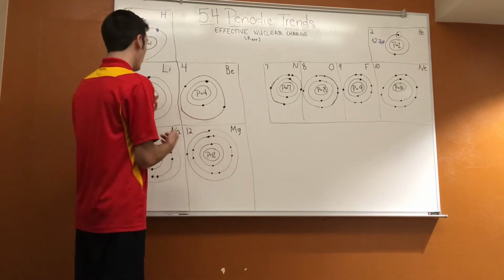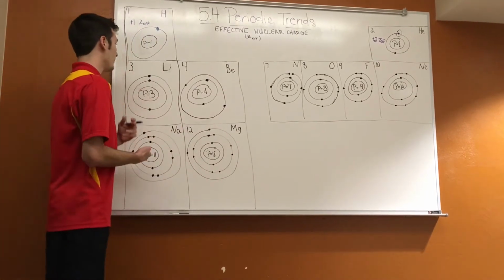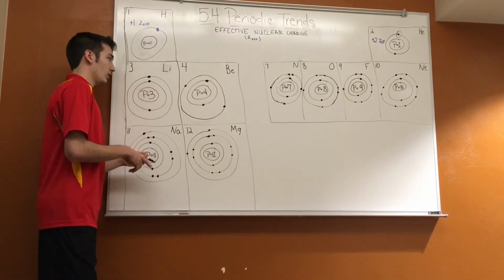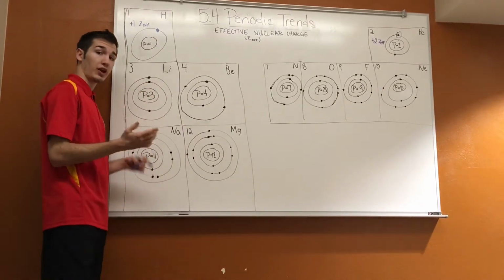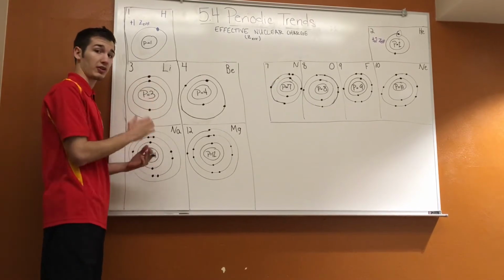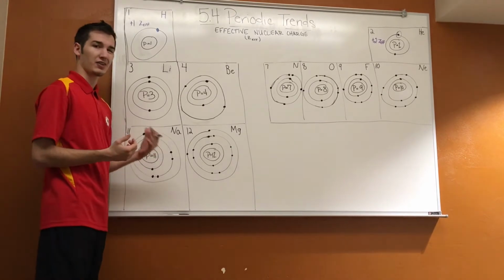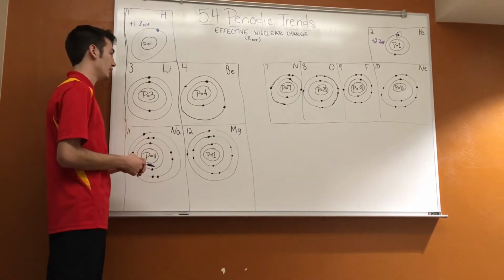Okay, now let's go back to lithium. Lithium really changes the game on this. When we look at lithium, we see that it has 1 valence electron with 2 inner electrons on the inside energy level. So what does that valence electron feel currently?